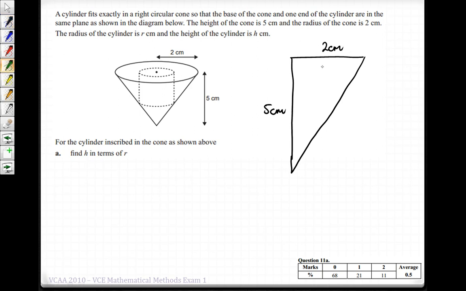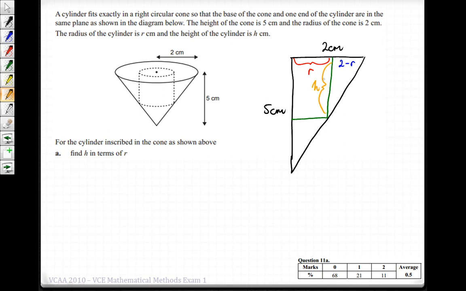And into that I'm going to draw our cylinder, which is sort of a square on that cross section. I'm going to call this 2 minus r, because this bit in here is r, and this height is going to be h.